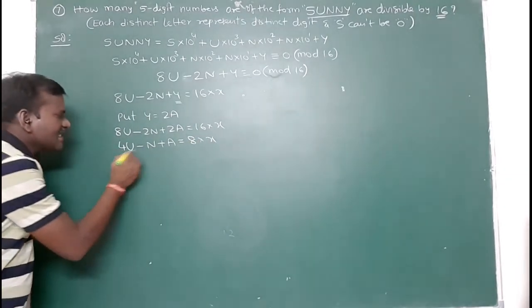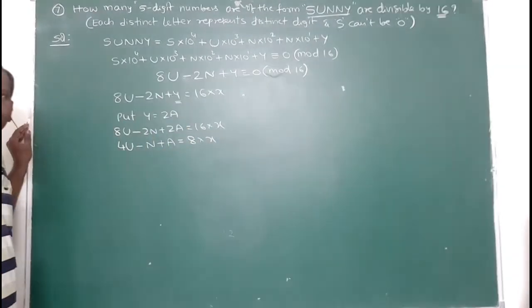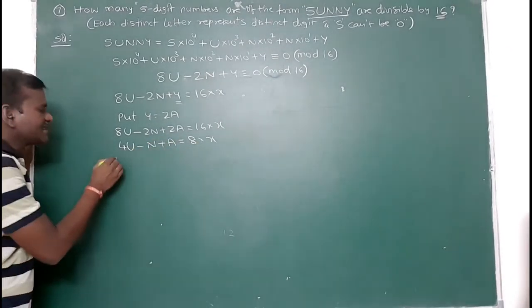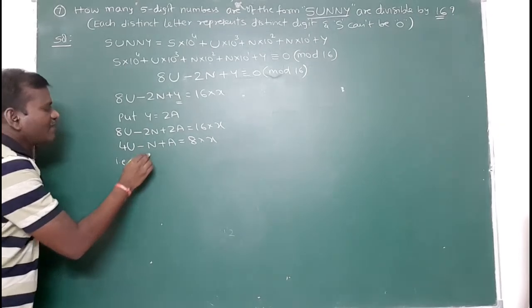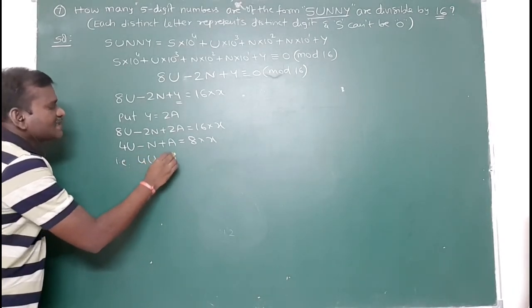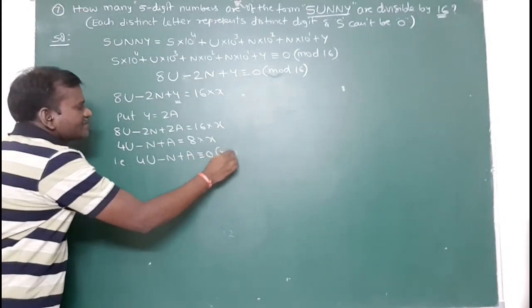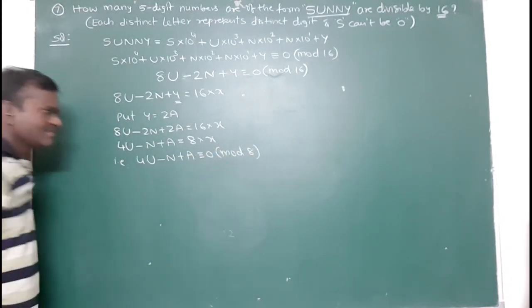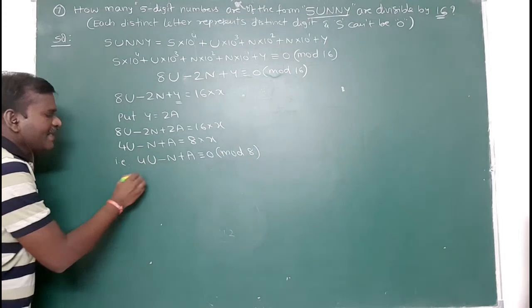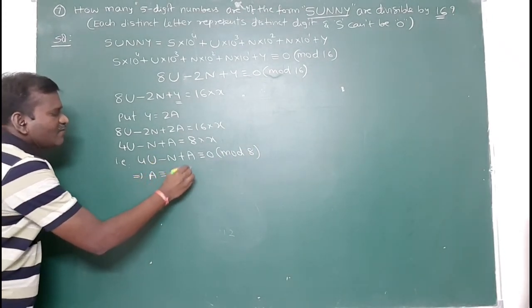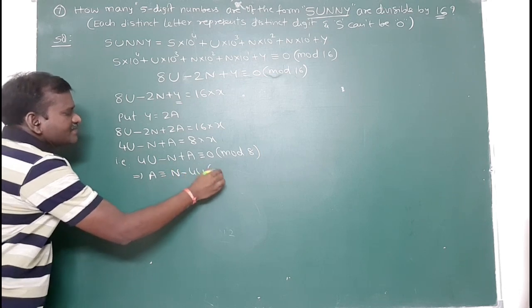That means this is a multiple of 8, that is, 4U minus N plus A is congruent to 0 mod 8. So A can be written as N minus 4U mod 8.